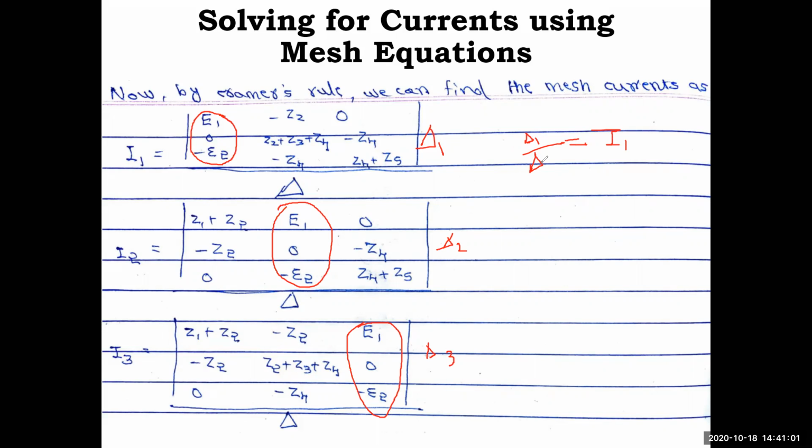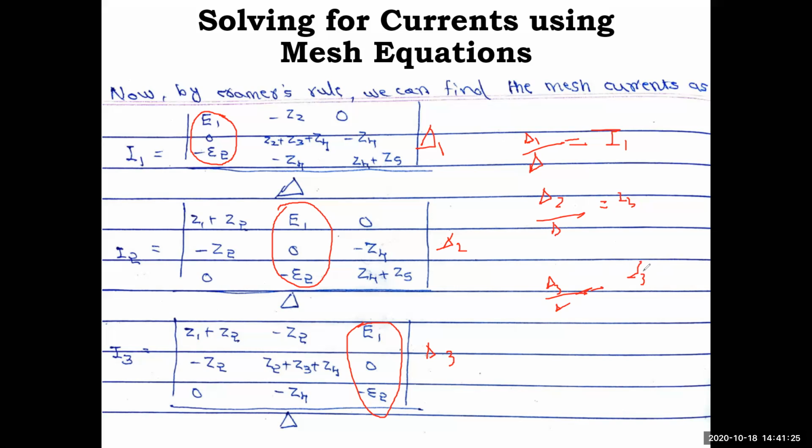Then you take this ratio and you will get I1. Then delta 2 by delta will give you current I2. And then delta 3 by delta will give you current I3. The handwriting may not be correct, but this is the way we will solve the problems.